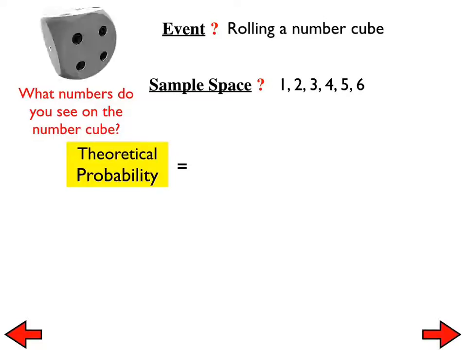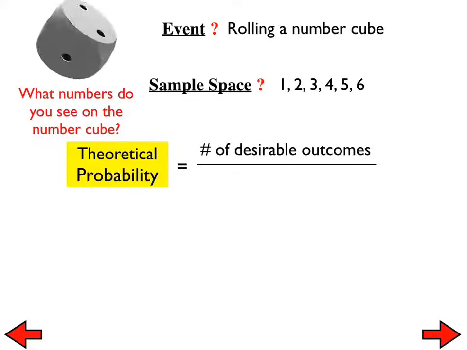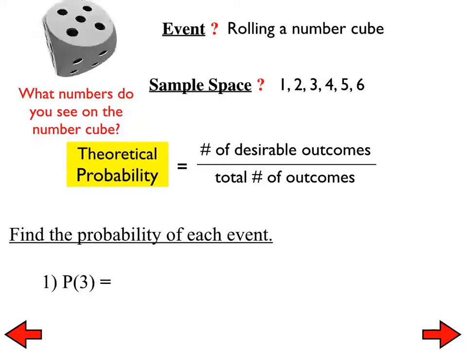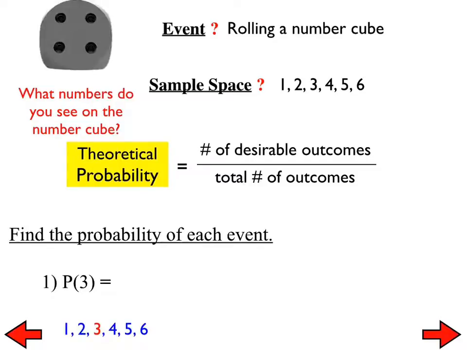Remember, theoretical probability is the number of desirable outcomes over the total number of outcomes. So I have some questions for you. First one is, what is the probability of rolling that number cube and having it land on a 3? Raise your hand if you know. Yes? 1/6. It's 1/6. There's one 3 out of the 6 numbers on that number cube. So therefore 1 out of 6.